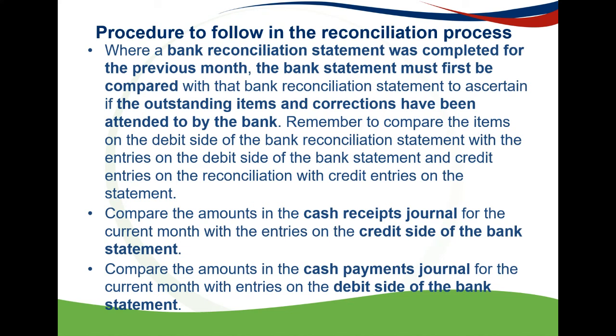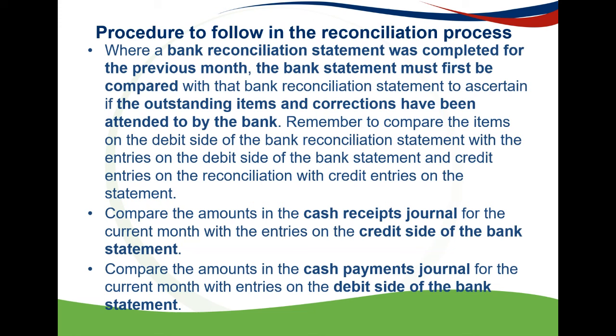Now, the procedures that you must follow in the reconciliation process are the following. Where a bank reconciliation statement was completed for the previous month, the bank statement must first be compared with that bank reconciliation statement to ascertain if the outstanding items and corrections have been attended to by the bank.